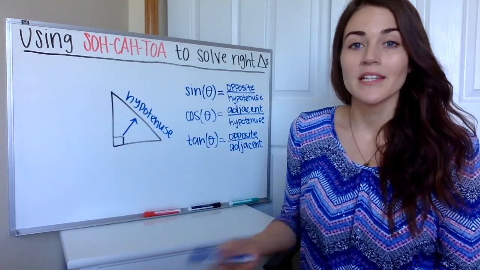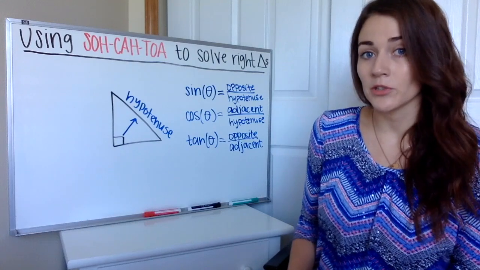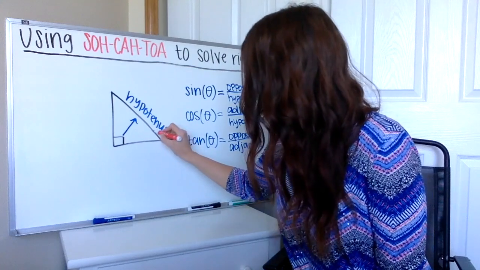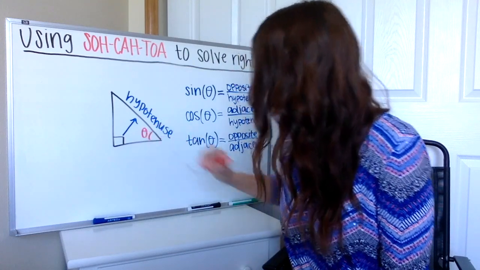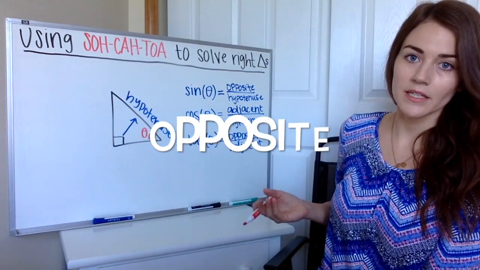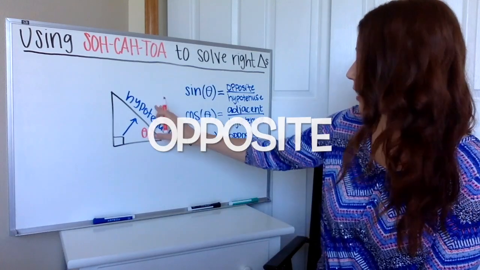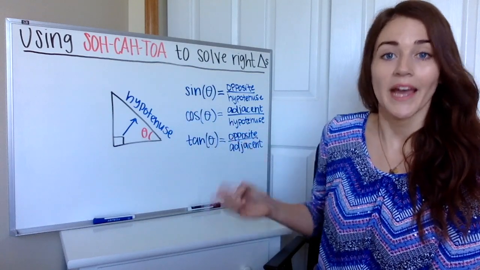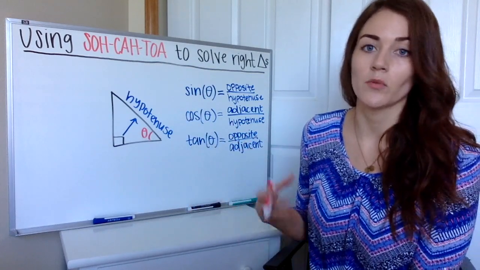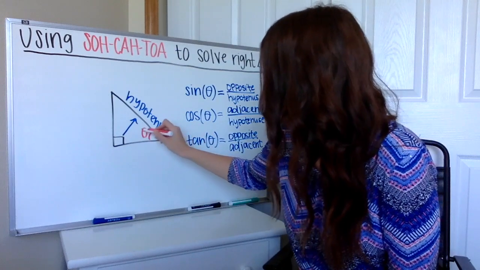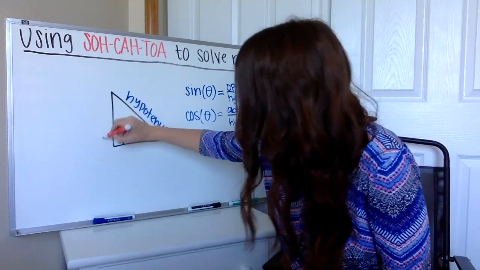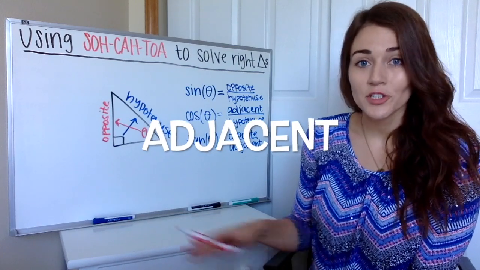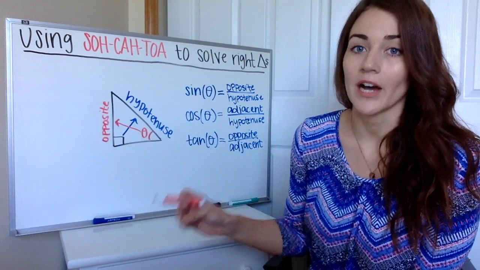Now your opposite and adjacent depends on what angle you're looking at. For example, if I'm looking at this angle, let's say this is my theta, my opposite is going to be the one across, just like how my hypotenuse was across from my right angle. My opposite is across from the angle I'm looking at, so it's going to depend on which angle. In this case, my opposite would be here, which leaves us with our last one, adjacent, which is the one next to our angle, but not the hypotenuse.